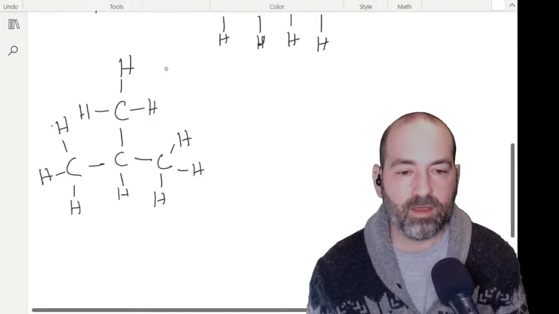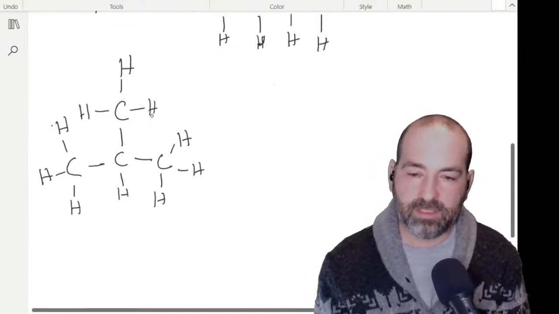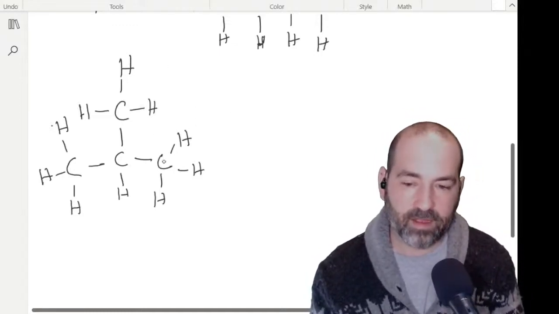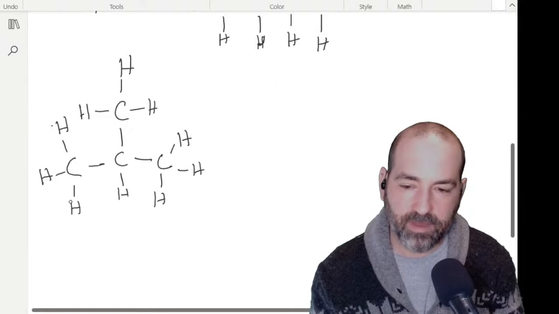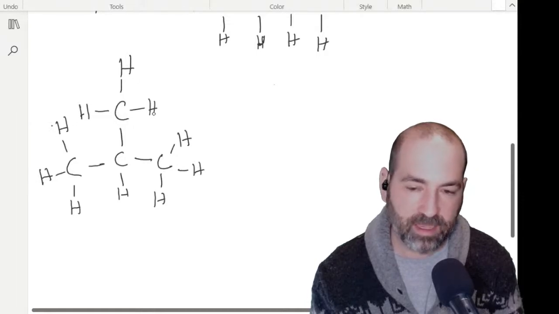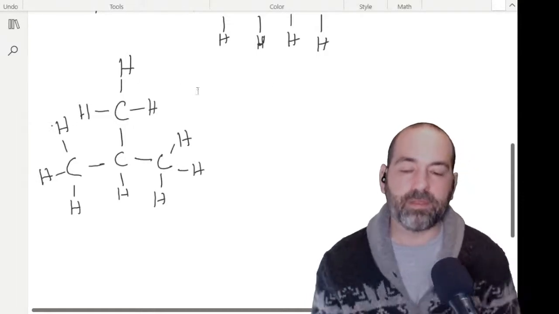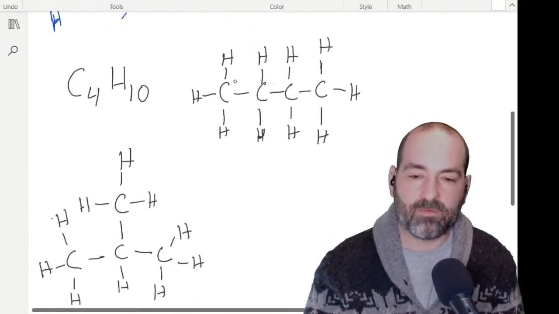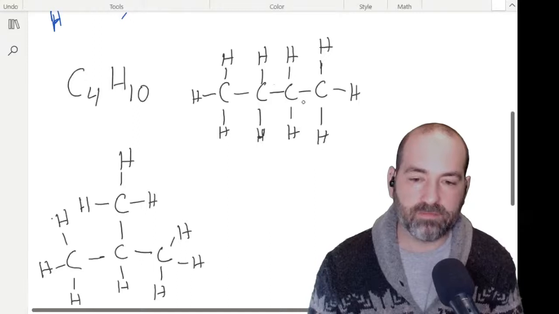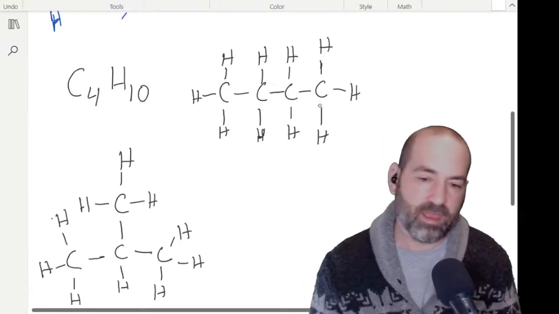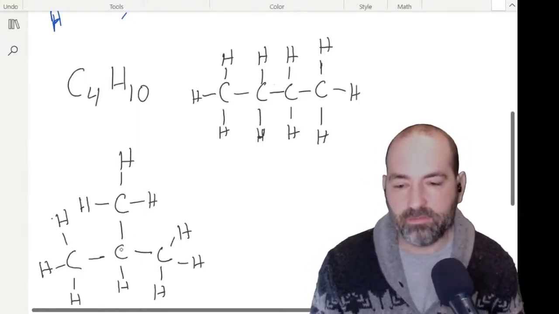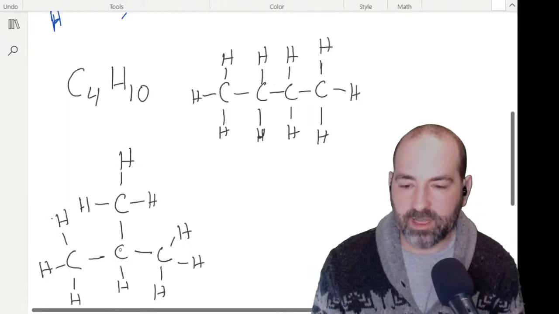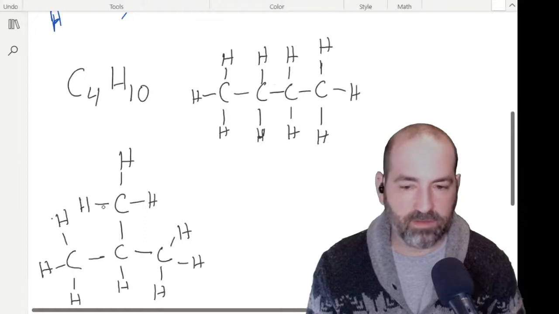All right. And so now this one still fits all the rules. We've got four carbons, and 1, 2, 3, 4, 5, 6, 7, 8, 9, 10 hydrogens. But they're connected in a totally different way. Instead of being connected four carbons in a row, two carbons that have two others connected, and then two on the ends, we now have one in the middle that has just one hydrogen connected to it, and then three carbons with three hydrogens around the outside.